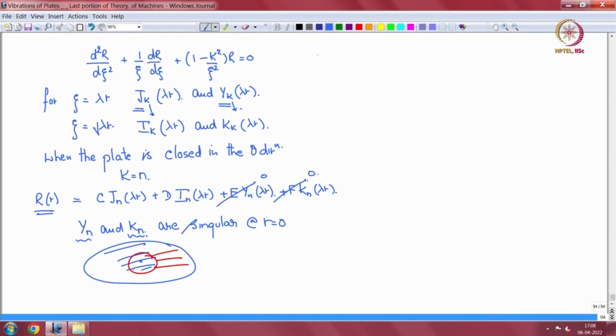Now please don't confuse: this is the number k which became n, whereas this K is the Bessel function name, just as J, Y and I. So please don't confuse.